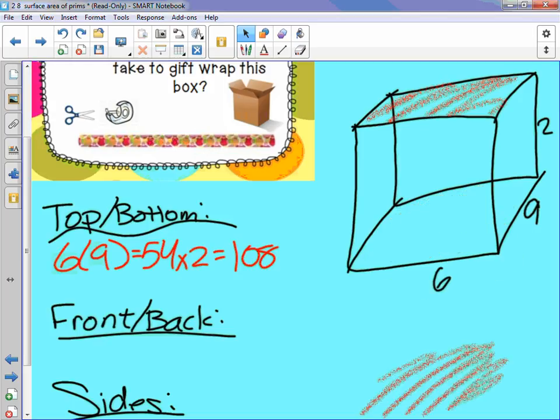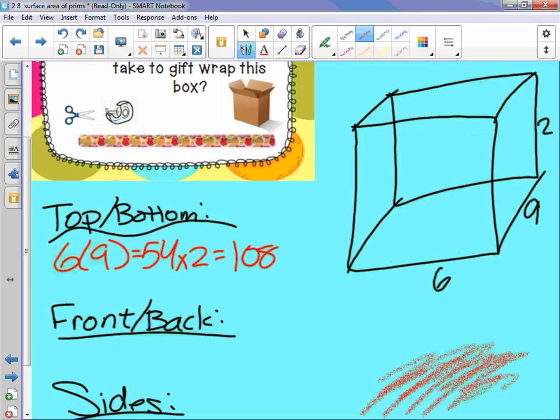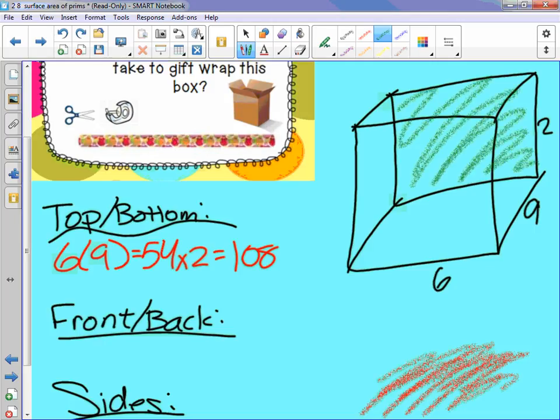Then I'm going to find the front and back. Now here's the deal. For the front, it's going to get really hard for me really fast if I shade the front because it's just going to look like a blob of crayon. So I'm just going to shade the back.